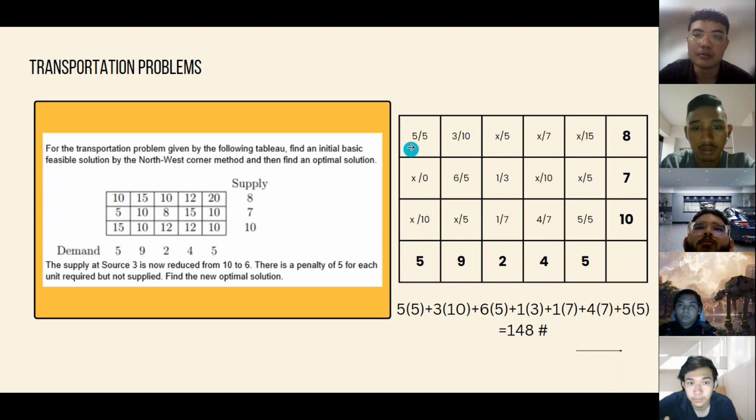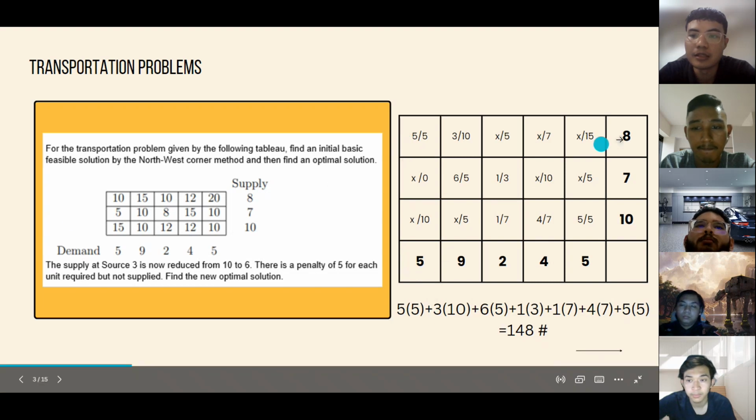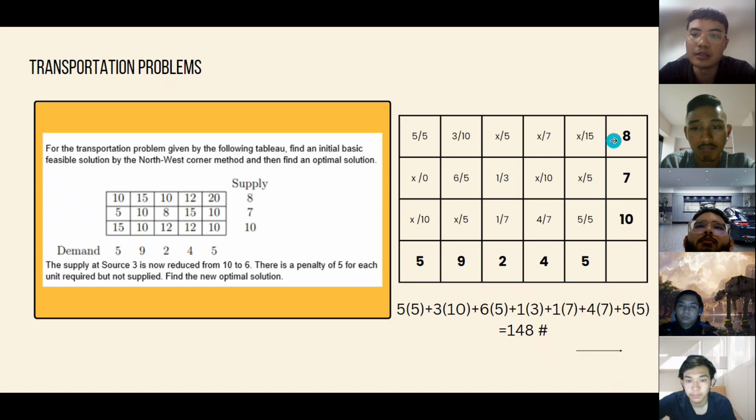Firstly, we must start with the top left corner. We get 5 because the demand is 5 and 8 already has 3, and the balance is 3, and the 9 is supplies.